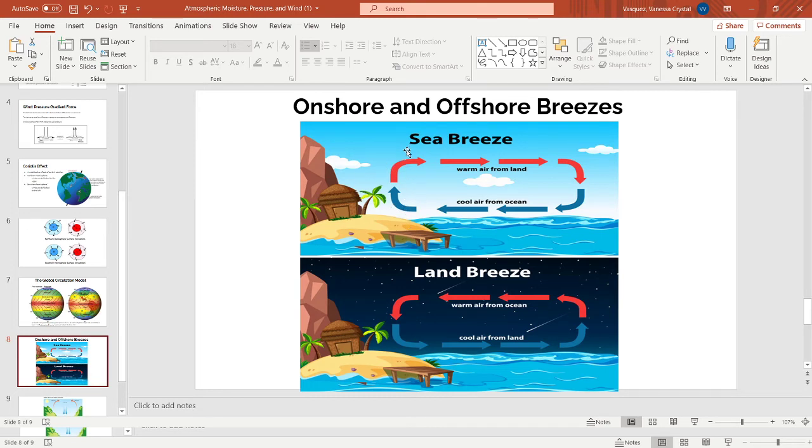Warm air is rising, and there's a high pressure here. The wind comes from the ocean, the cool air from the ocean, which creates an onshore breeze. Then at night, it's reversed. The island is cooling faster than the ocean, so it creates a high pressure here. Cool air is sinking.